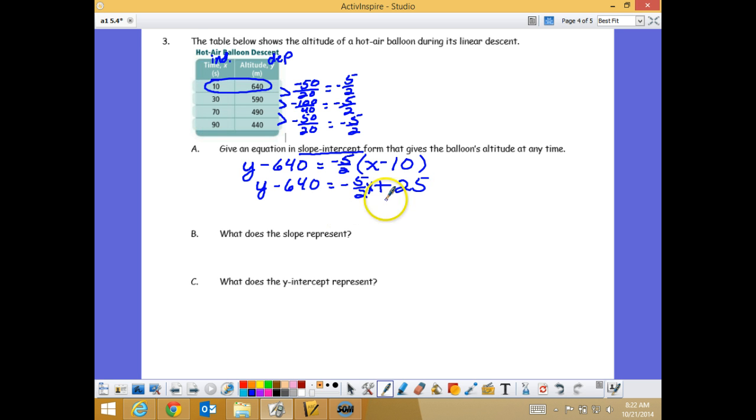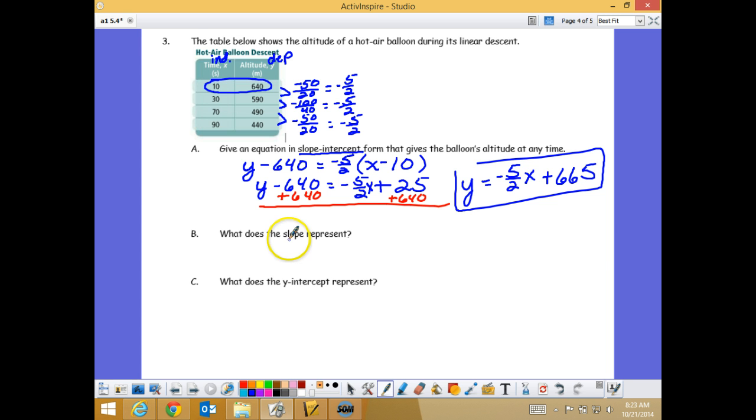And then finally, to get the y by itself, we add 640 over here, and to the 25. So when we do that, our slope-intercept form ends up being y is equal to negative 5 halves x plus 665.